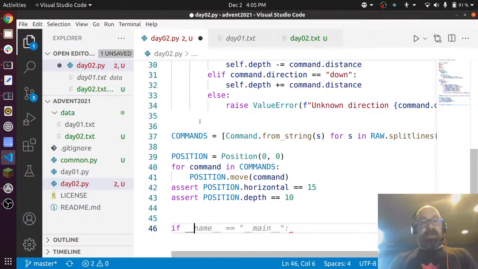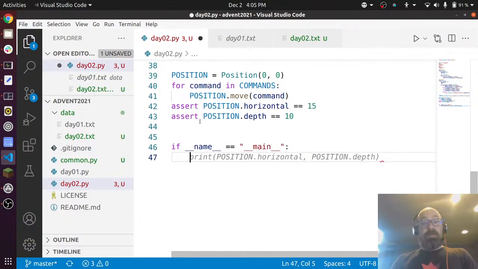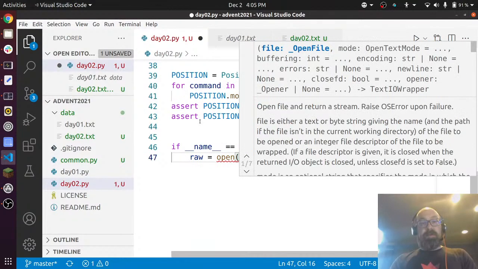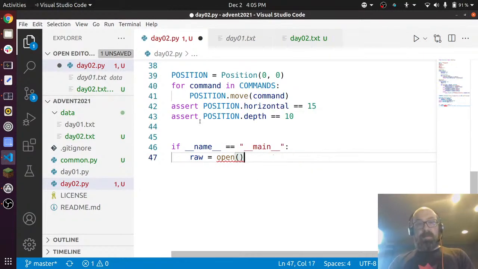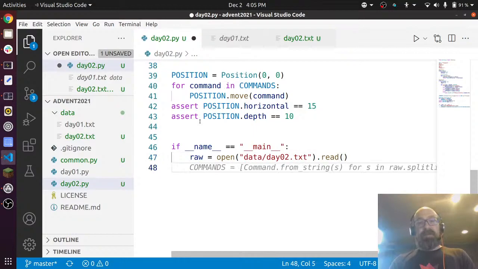So now let's say if name equals main. Okay, no, that's not right. Raw equals open. Okay, it's actually data day02.txt dot read. Notice that I didn't use a with block.